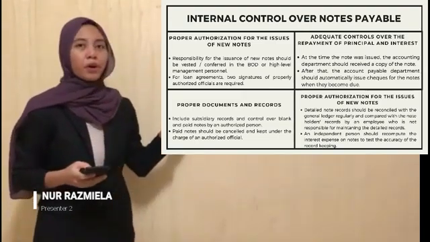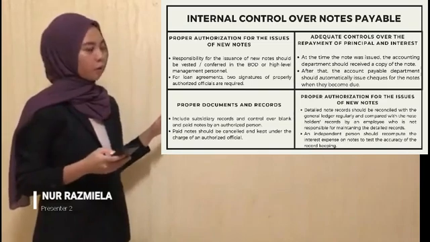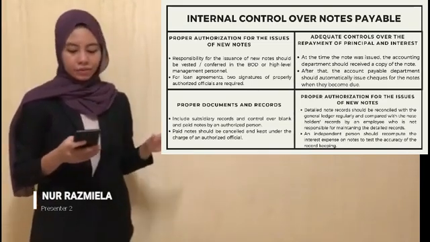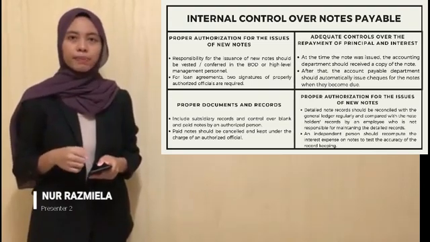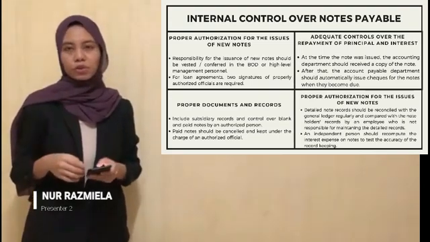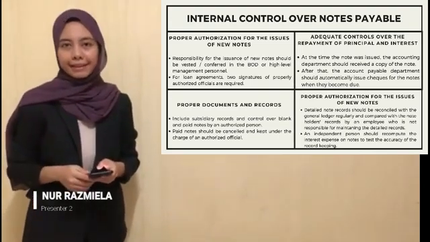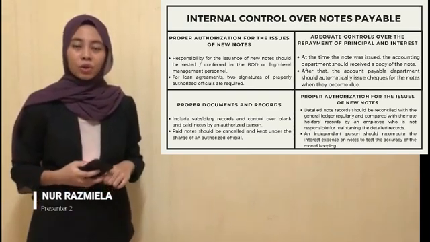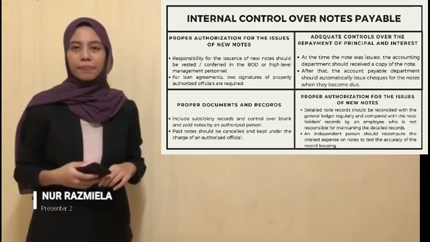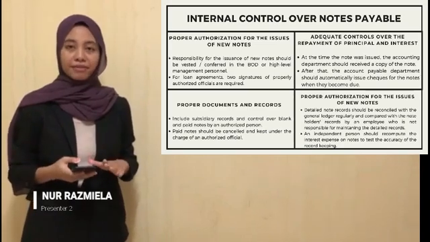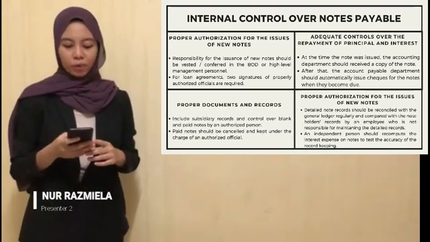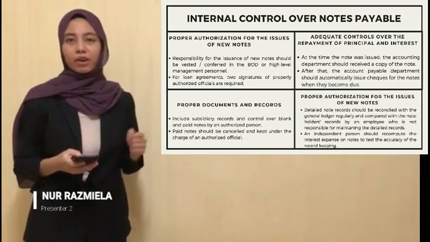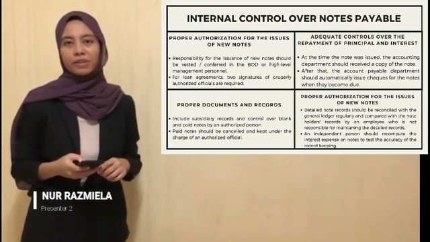For the second point, adequate controls over the payment of principal and interest, the periodic payments of principal and interest should be subject to the controls in the acquisition and payment cycle. At the time the note is issued, the accounting department should receive a copy of the note, similar to when they receive the vendor's invoices or receiving reports.